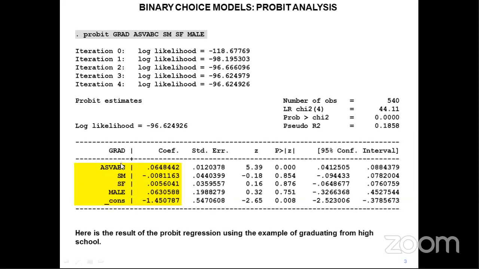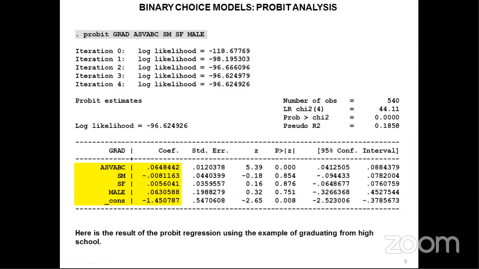The direction is directly observable from the plus or minus sign. Plus represents that the probability of joining graduation increases with the previous educational ability, that is the marks or grade. That's why it is positive.